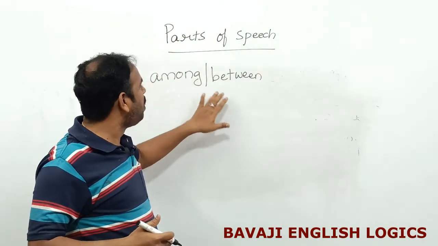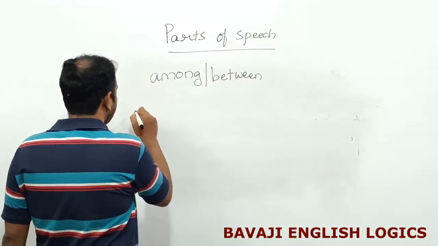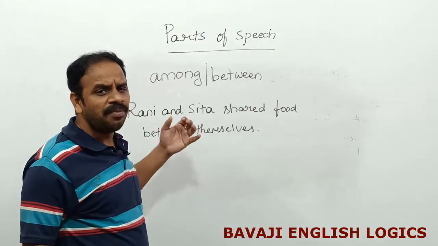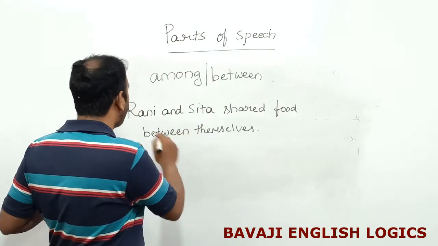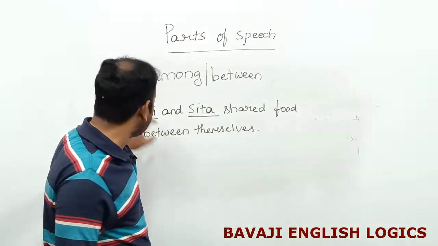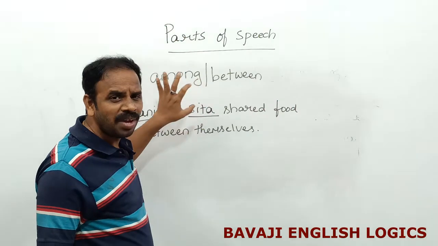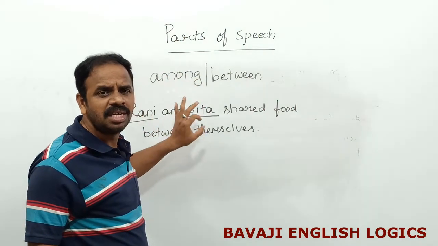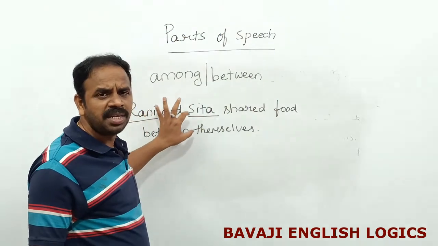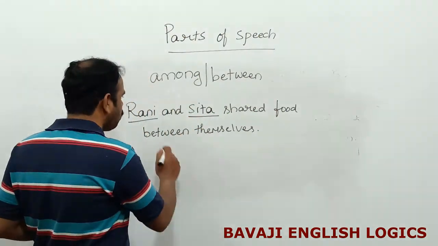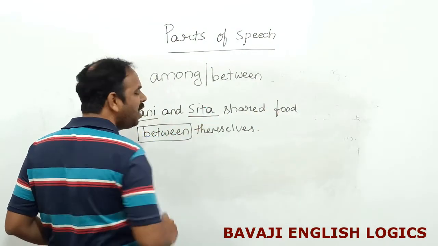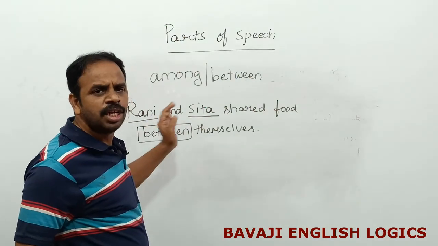Rani and Sita shared food between themselves. Here we are speaking about only two persons, Rani and Sita, so we should use the preposition between.